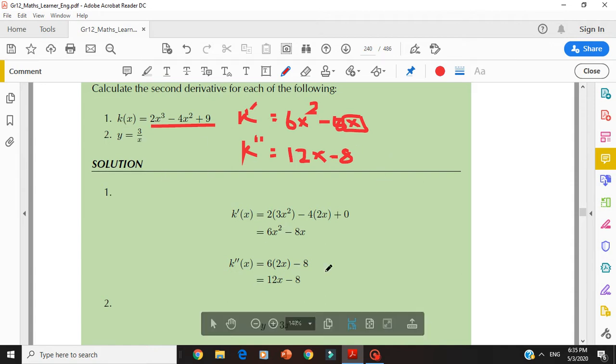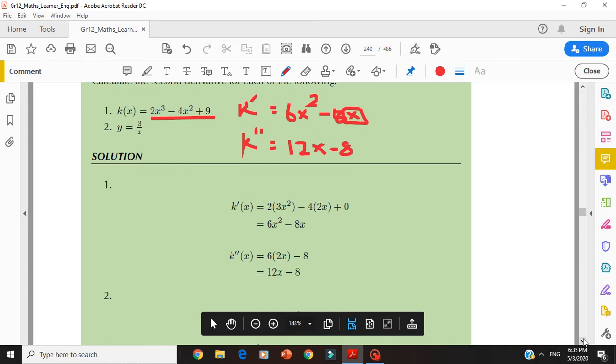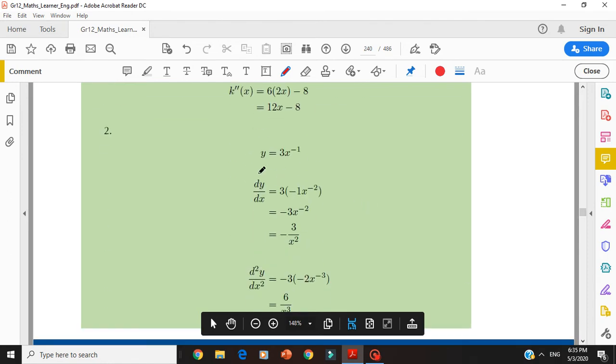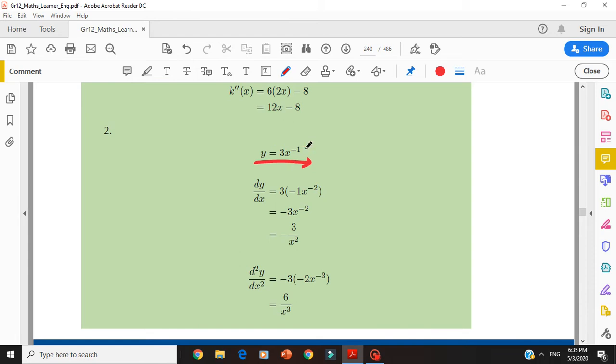The second problem is 3 over x. I told you that whenever you deal with this type of problem, you put y equals 3x to the minus 1, the new form written in terms of an exponent. You find y prime: minus 1 times 3 gives me minus 3x to the power minus 2, because minus 1 minus 1 is minus 2.